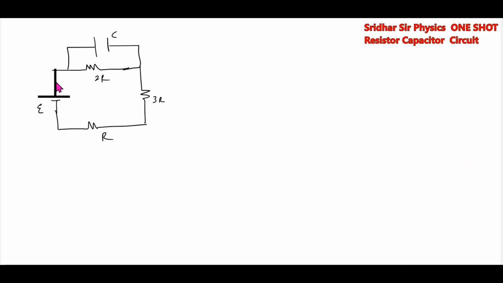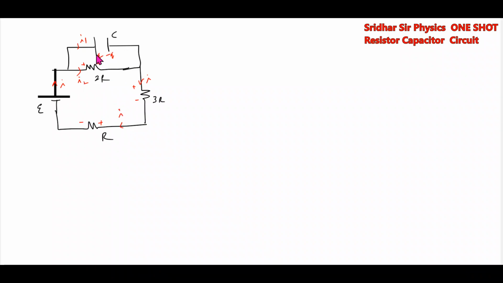Again, the same method. Let me go for I: here I1, here I2, here I. Then give polarity. Then write down the loop equation.